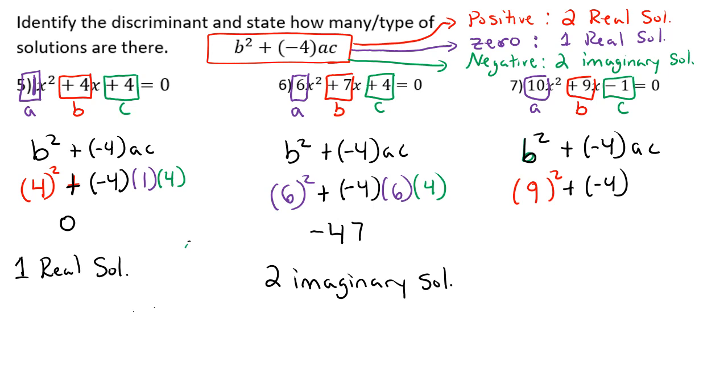We have a being 10 and c being negative 1. When we type this entire thing into the calculator, you should get the number 121. And since that's a positive number, we're going to have 2 real solutions. Make sure you memorize your formula.